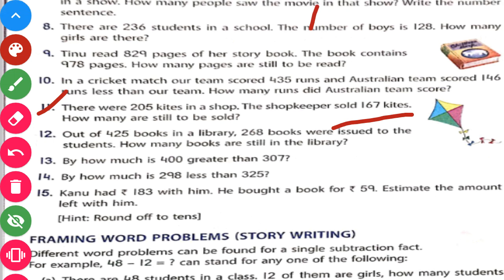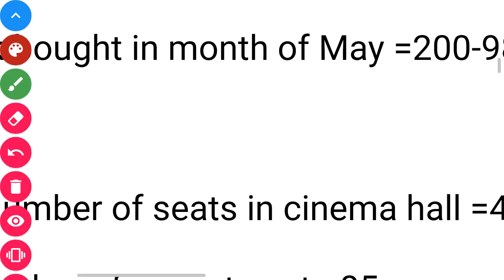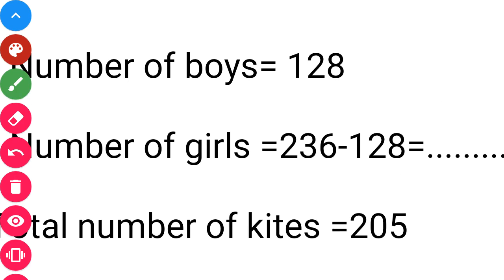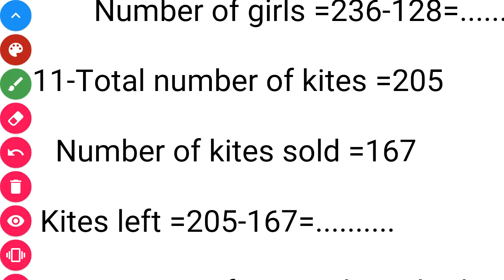So total number of kites is 205 and number of kites sold equal to 167. Now kites left equal to 205 minus 167.